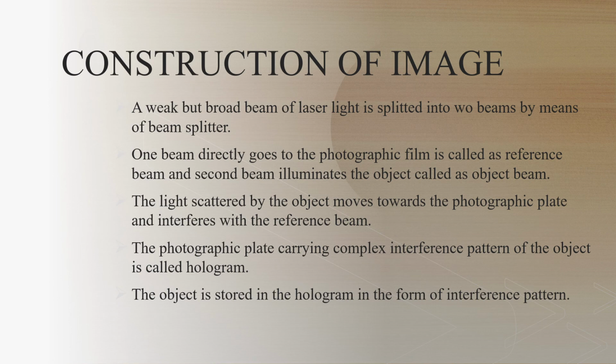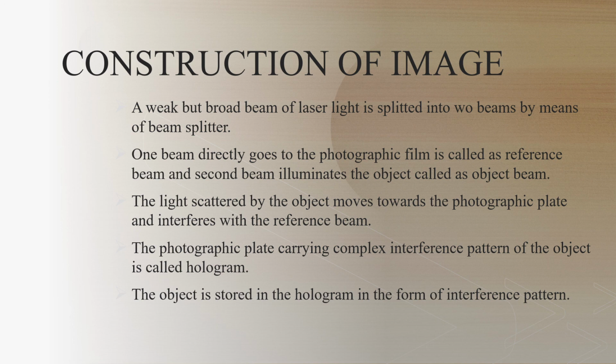Construction of image. A weak but broad beam of laser light is split into two beams by means of a beam splitter. One beam directly goes to the photographic film and is called the reference beam, and the second beam illuminates the object and is called the object beam.